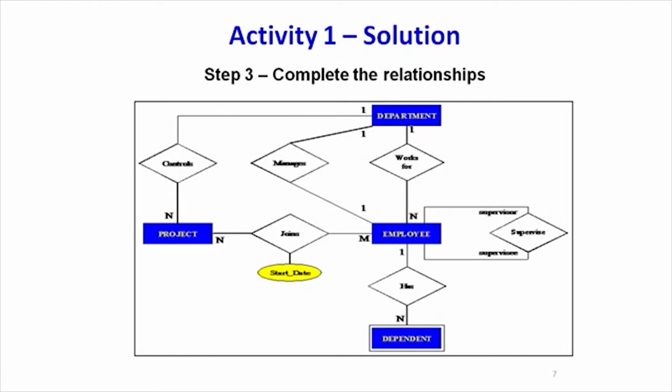As we can see, there is a relationship between employee and project, where many projects can have many employees, and there's a relationship between department and employee, where one department has many employees, and there's also a relationship between employee and dependent, whereby one employee can have one or more dependents.